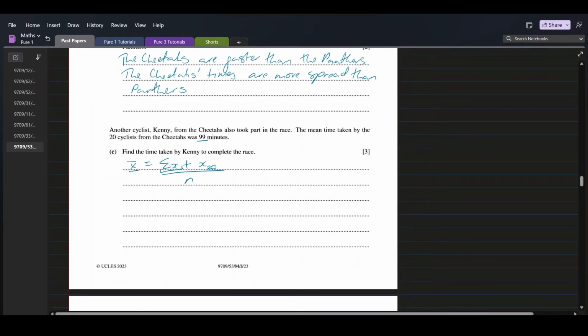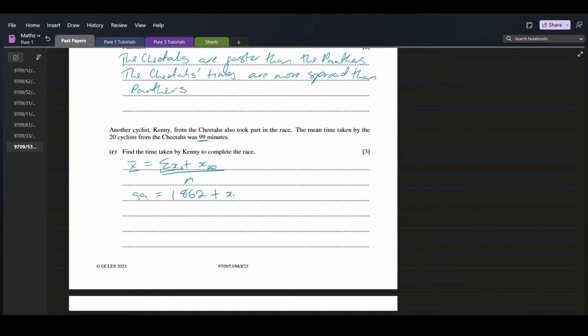So x bar is 99 minutes, so 99 is equal to our summation of x, that's 1862, plus x20, that's what we're looking for, Kenny's time, and then with n, which is the number of cyclists, that's 20. So multiply both sides by 20 to get rid of the denominator.